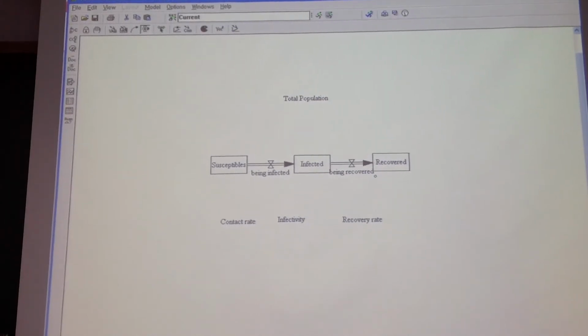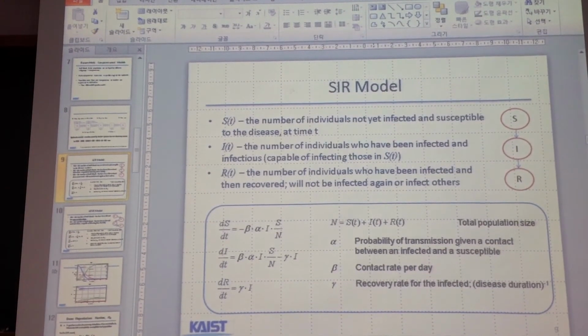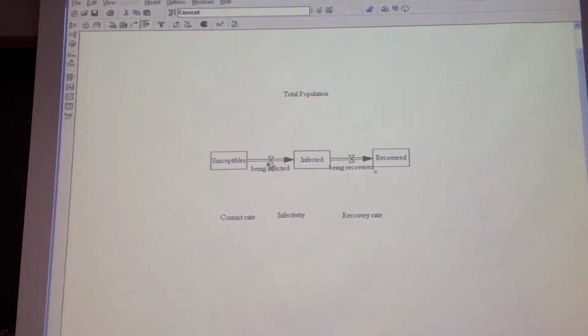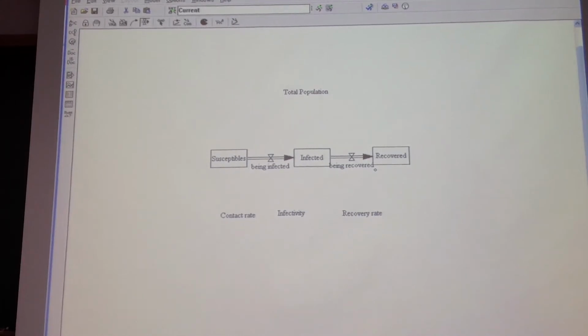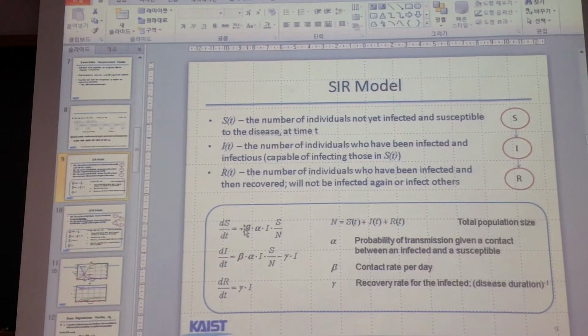So now back to this. This dS/dt is essentially what I just put in here, being infected. That's the rate, right? Rate of change. And that's a negative, but we're not worried about the negative yet.